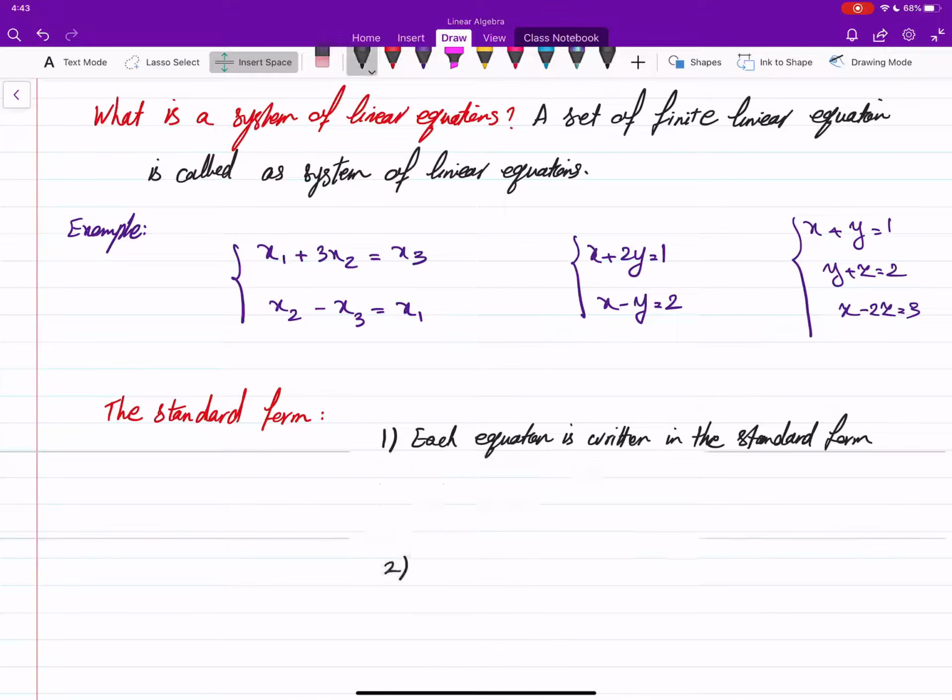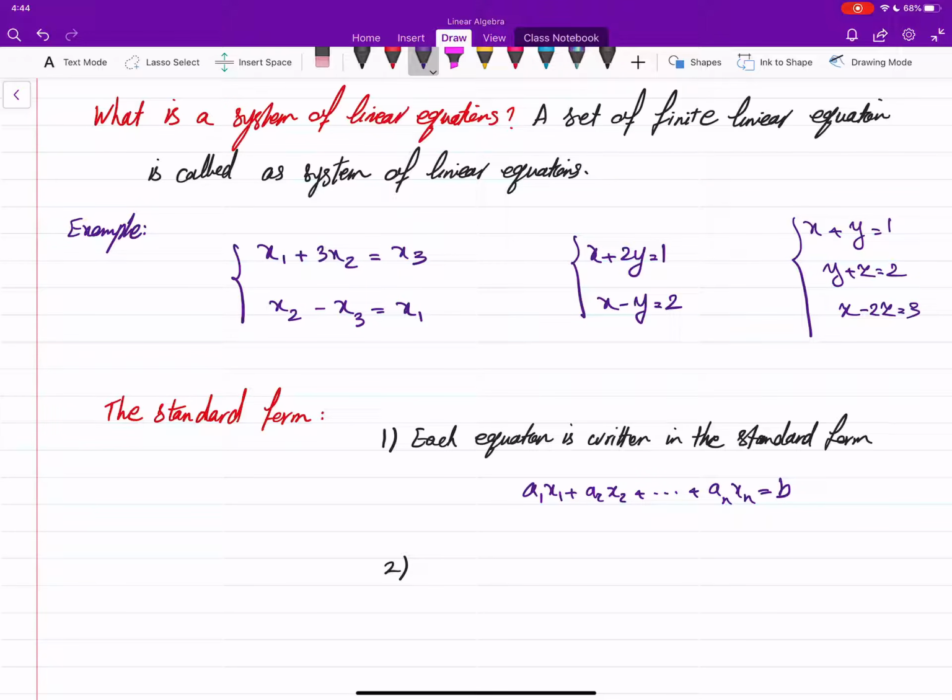Well, the standard form is the one we just wrote up there. Each equation is of the form a1 x1 plus a2 x2 and so on, with all the terms with variables on one side and the constant on the other side.